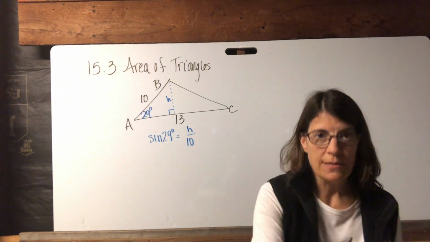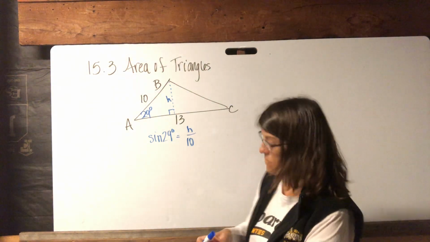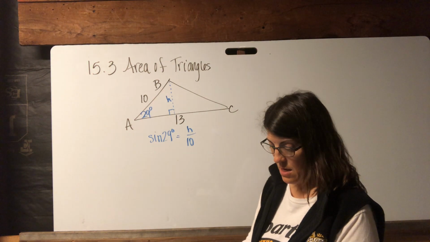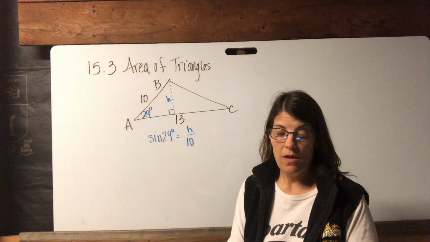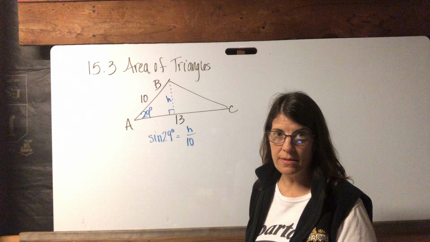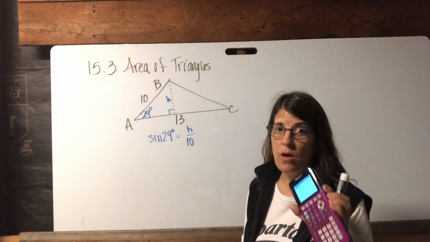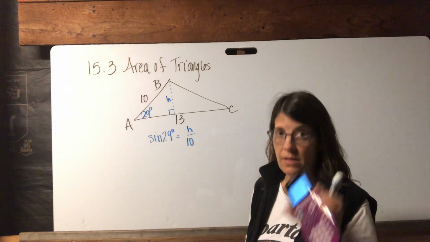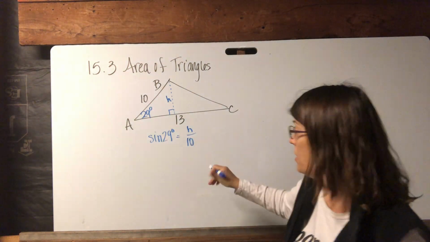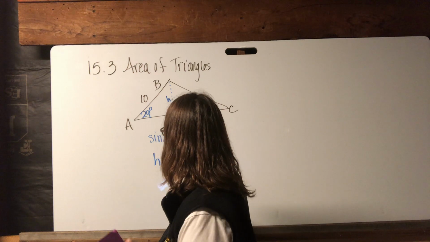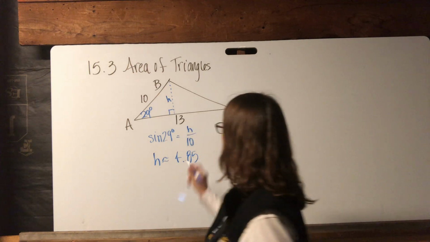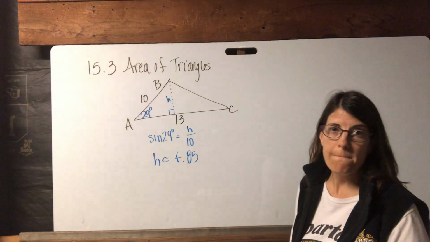Let's calculate that on our calculator. Again, make sure you're in degrees. So 10 times the sine of 29. The height is 4.848096202. Leave that number in your calculator. I'm going to approximate it just for writing on the board. So the height is 4.85.